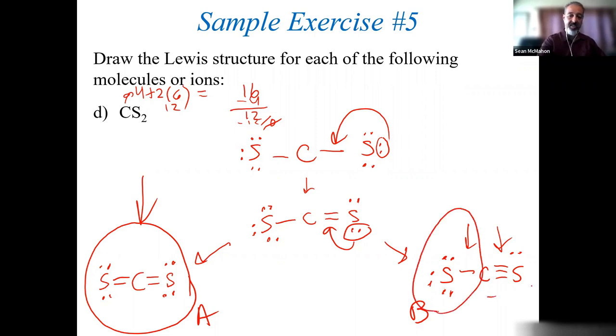It's not favorable to have 3 bonds and 1 lone pair for a group 6A element. That's why A is preferred. But again, it's still a valid Lewis dot structure because the octets are satisfied. I'm just telling you that this is the preferred structure, and you can think of it as balanced. It's got 2 bonds on both sides.